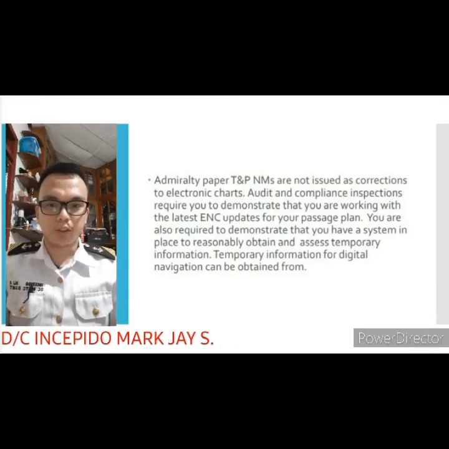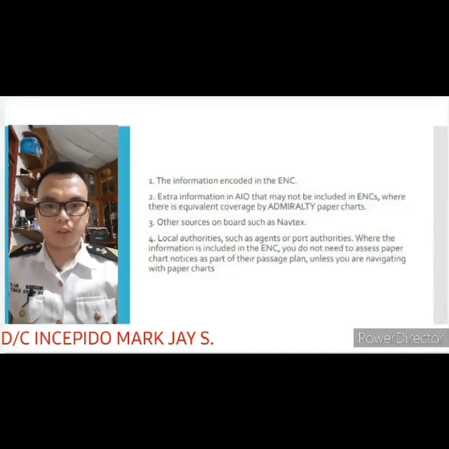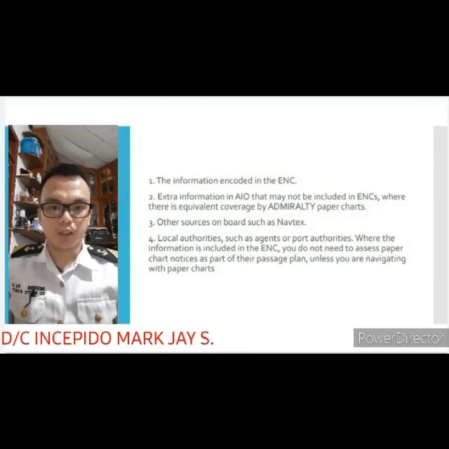Temporary information for digital navigation can be obtained from: 1. The information included in the ENC. 2. Extra information in AIO that may not be included in ENCs where there is equivalent coverage by Admiralty paper charts.